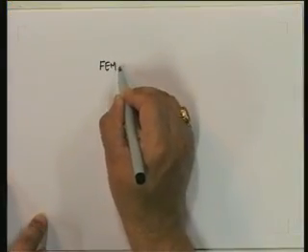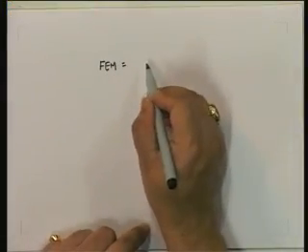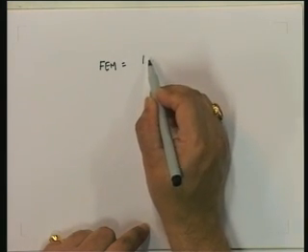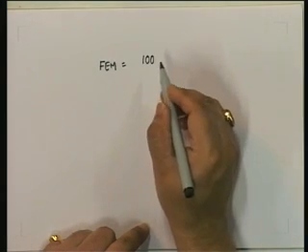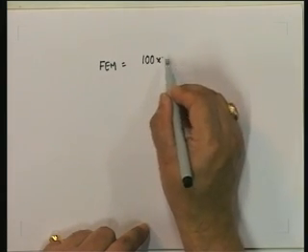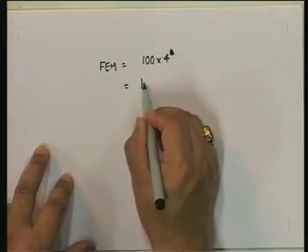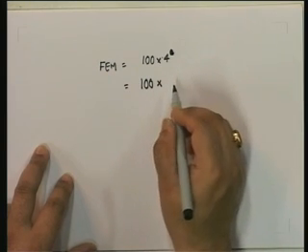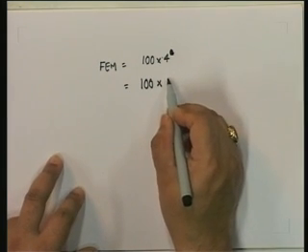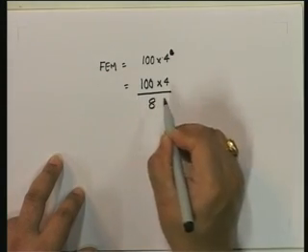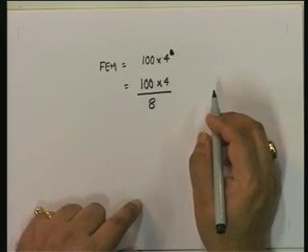And this is going to be, the fixed end moment is going to be equal to 100 multiplied by 4, PL upon 8. Okay, it's PL upon 8.